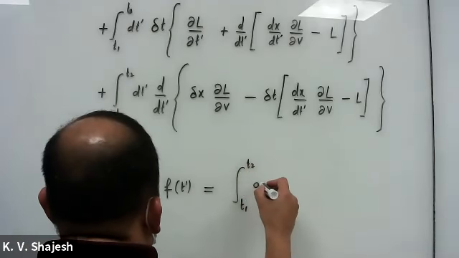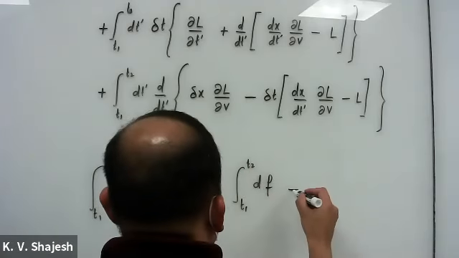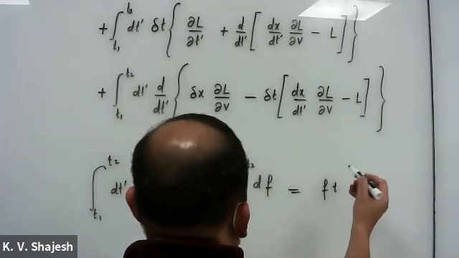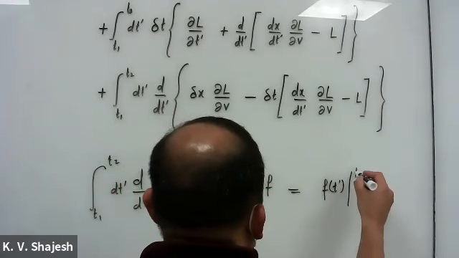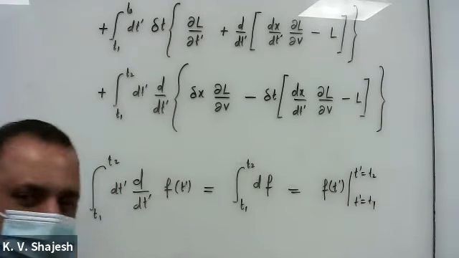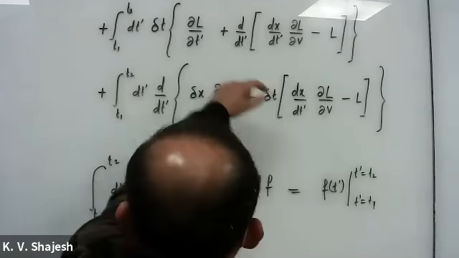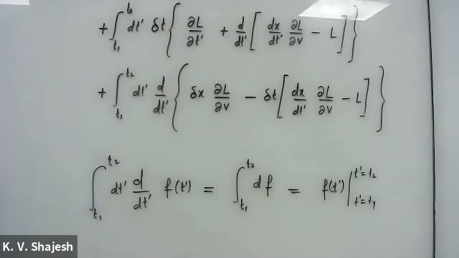The integral from T1 to T2 of df, which is equal to f of t prime evaluated at t prime equal to T2 minus t prime equal to T1. Is that clear? This one is like that. But there is a variation contribution coming due to the initial variation in the time at the boundary, which spreads out into the whole path.